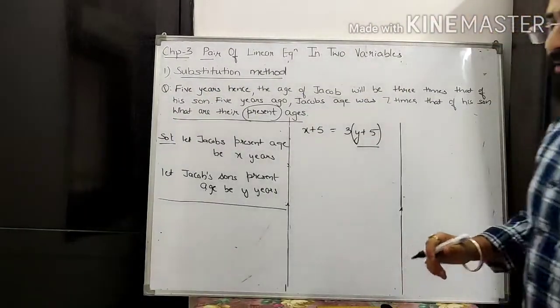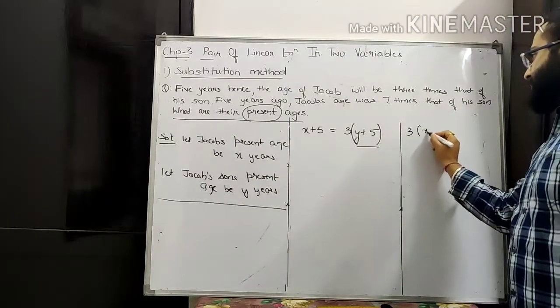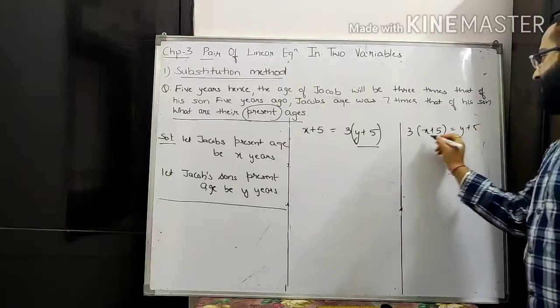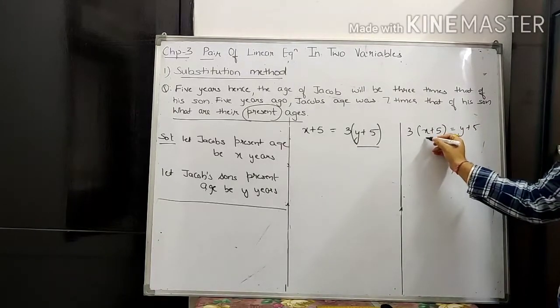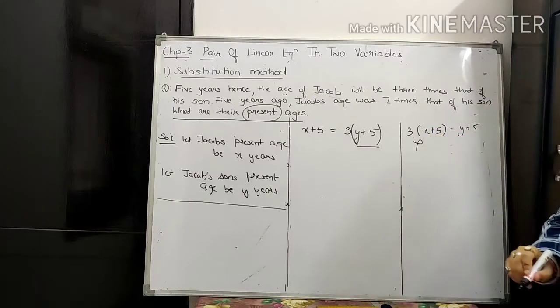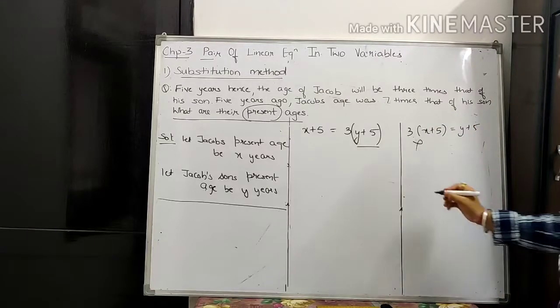The second way students go wrong is to write it in this form, that Jacob's age is 3 times. This is wrong. Let's understand this with a simple case.